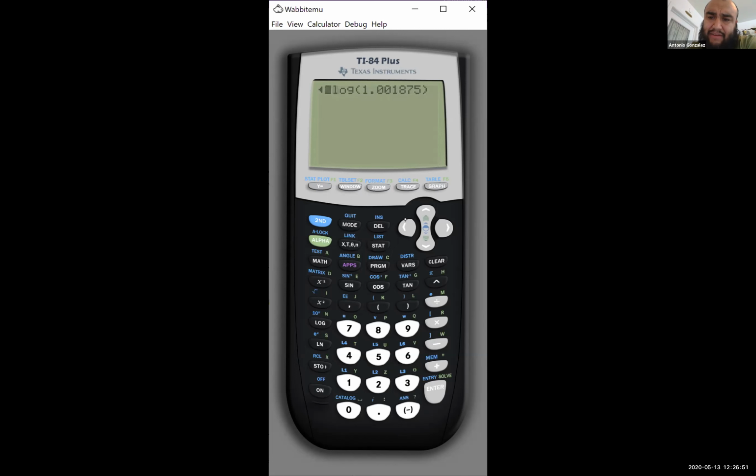Did I plug in negative 12? Yes, okay. Now, it's important here that you write the numerator, log of 0.375, and after you hit divide, you open up that parentheses. Do I need one more? Let's see here.